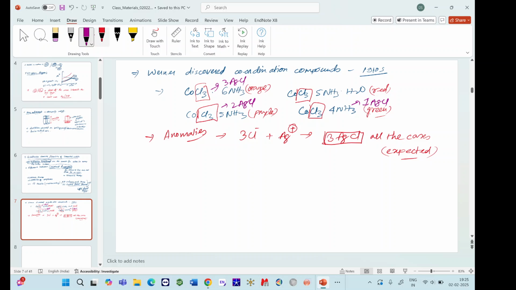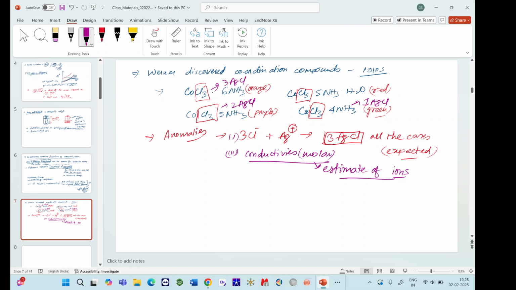So there is one anomaly here, and then he recorded the conductivities, especially molar conductivity. So that will give you an estimate of the number of ions.